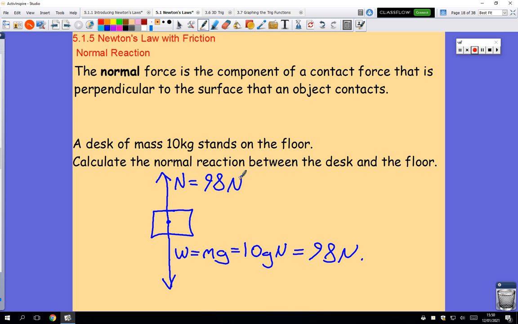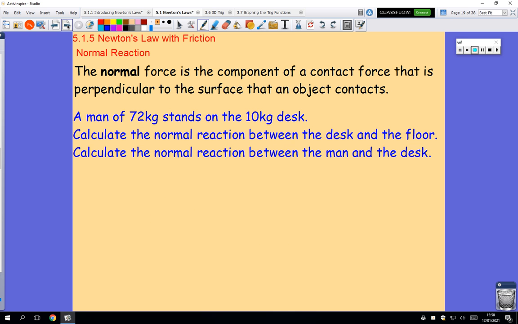Why? Well, because if it was less than 98 newtons, the desk would be accelerating downwards through the floor. If it was greater than 98 newtons, the desk would be accelerating upwards into the sky, so it must be equal to 98 newtons, which means the net force is 0. The normal reaction is 98 newtons.